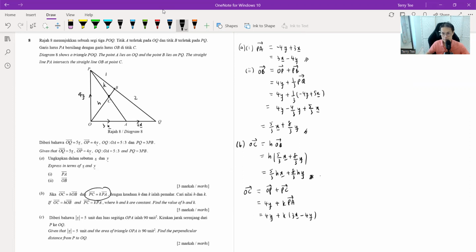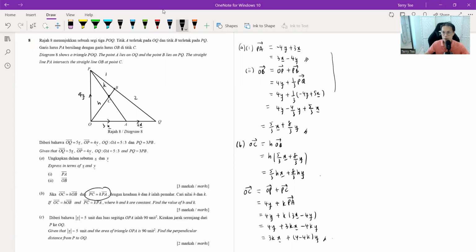Okay, I need to expand. 4y plus 3kx minus 4ky. Put them together, 3kx plus 4 minus 4k y. There you go. I got 2 versions of OC.